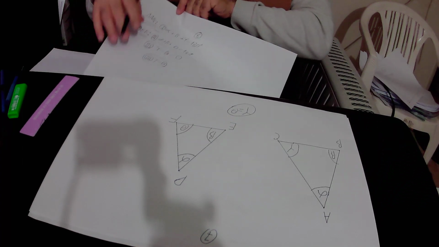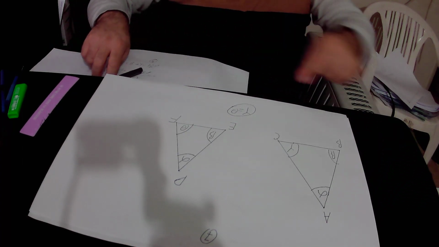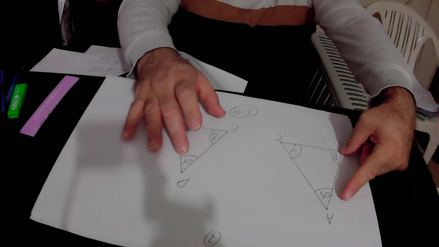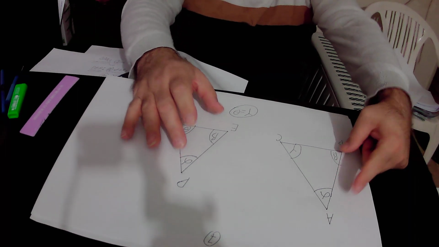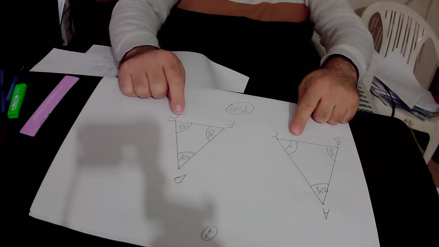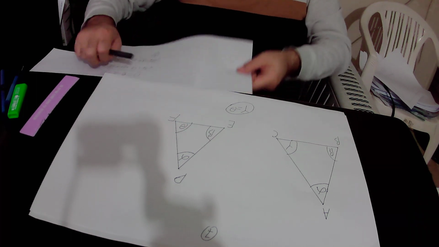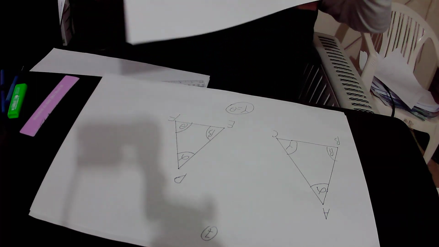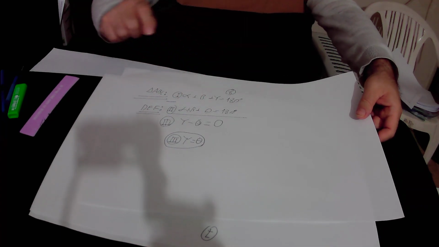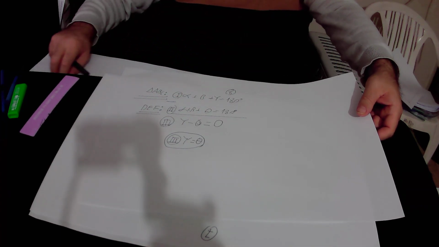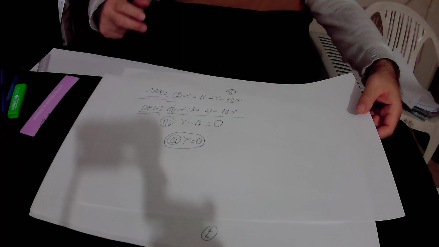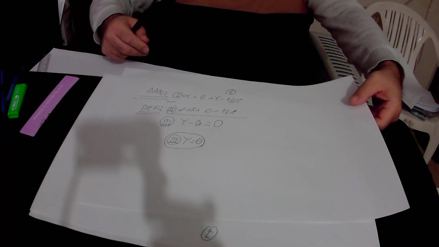We wanted to prove that if we have two triangles with two pairs of angles that are congruent, then the third pair of angles must also be congruent. That is to say, angle gamma equals angle theta. And we actually proved that indeed angle gamma equals angle theta. Okay, so we proved that the third angle theorem is true.